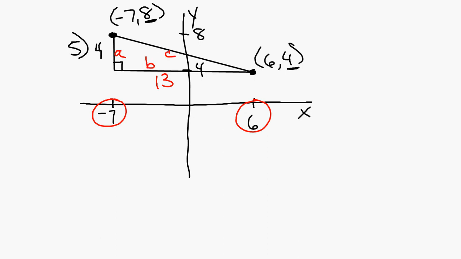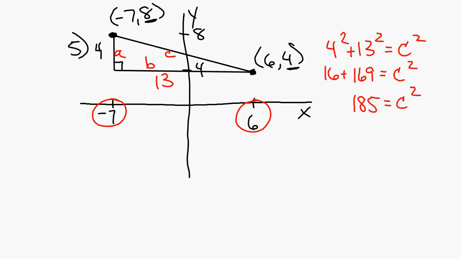So your math is 4 squared plus 13 squared equals c squared. So 16 plus 169 equals c squared. So 185 equals c squared.